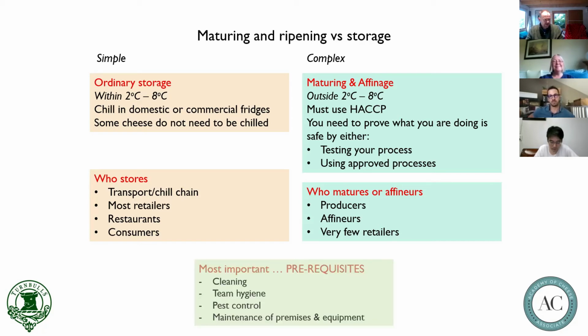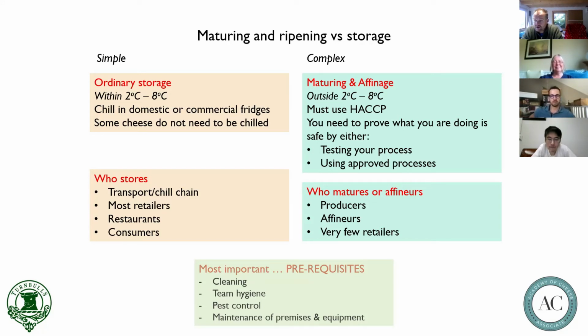So we can do all that, but we do have something, and this is the first time we're going to mention it, something called prerequisites. You can only do this type of storage if you've got your prerequisites covered. And your prerequisites are: you are a good and professional person who does good cleaning, uses clean people, including yourself, to do it.